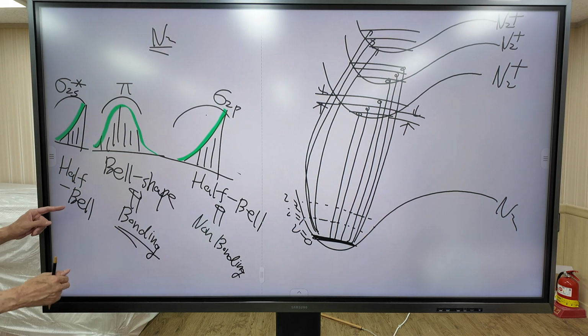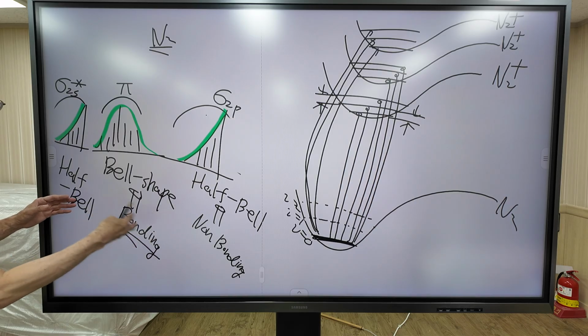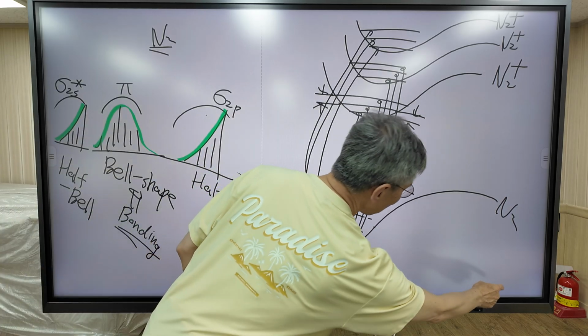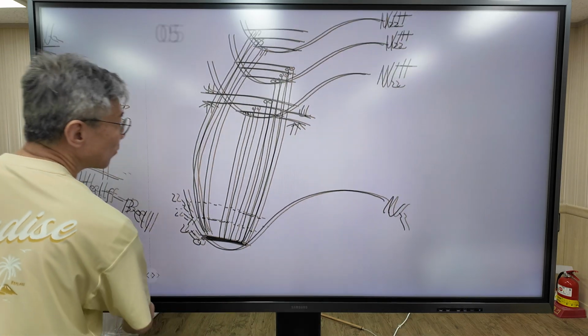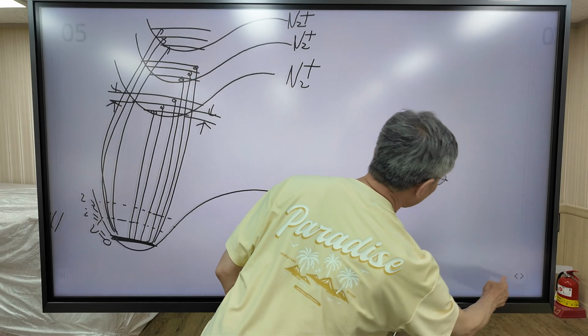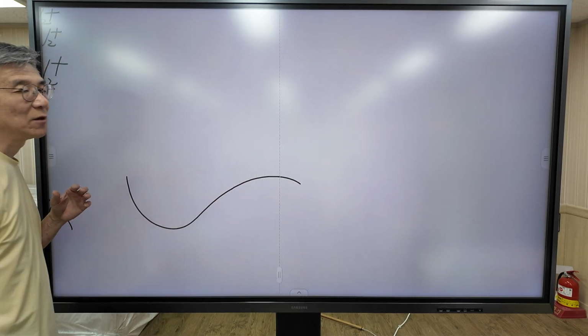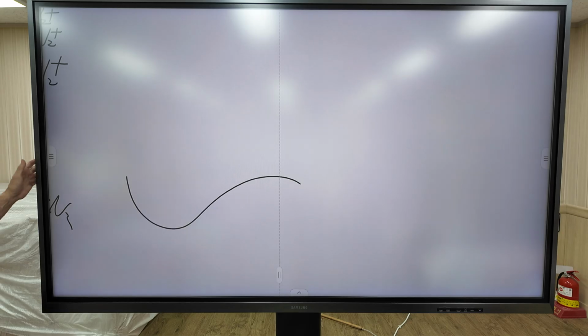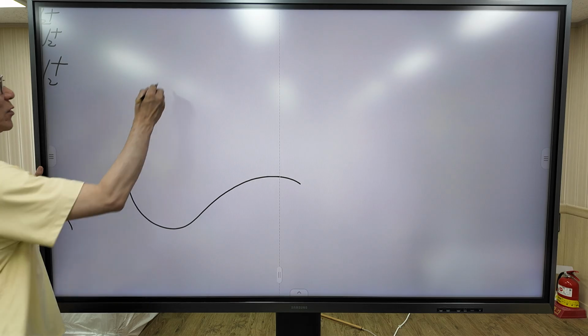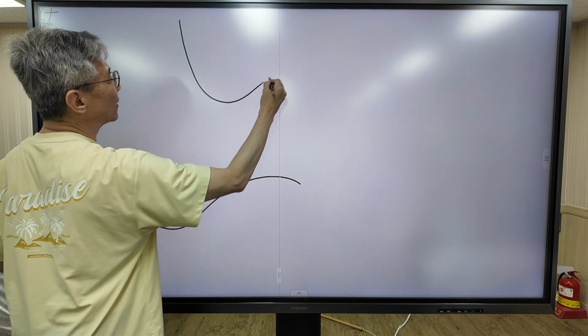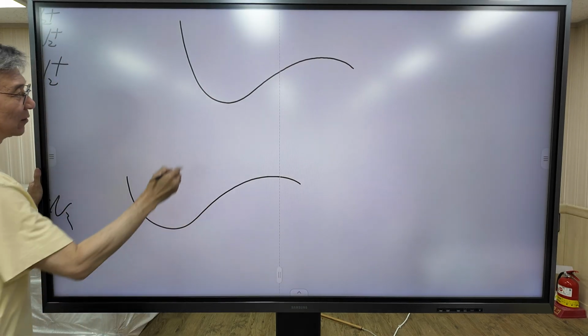I'm going to review why this principle holds. This is the ground potential energy. When the electron is removed from the bonding orbital, the ionized cation has a weaker bond. The bond strength increases, so the potential energy shifts to the right. So this is the vibration.